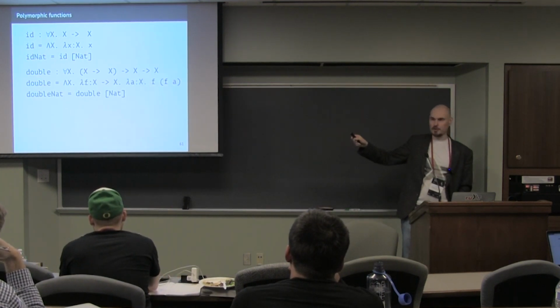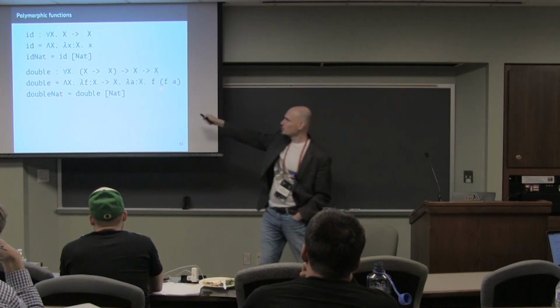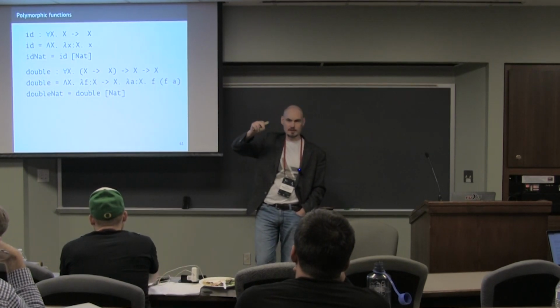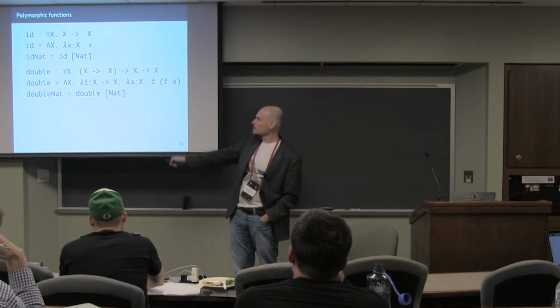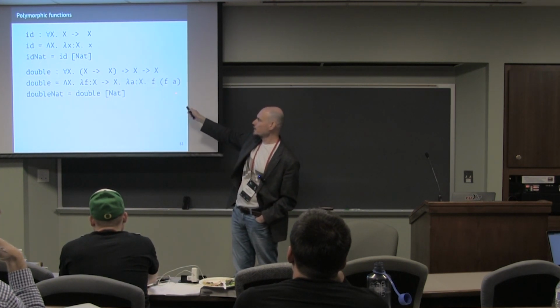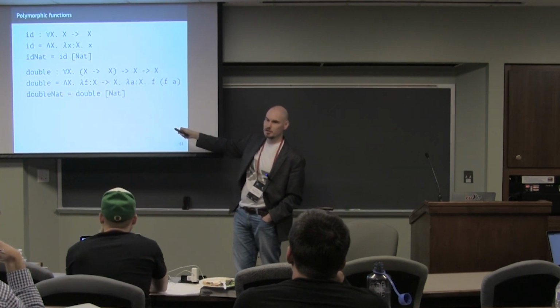This is the function double. Again, it's just one body. You have one type, which is with big lambda. It's just big lambda for binding this name x. Nothing more. You have value f, you have value a, and then this is your body. And then you can come up with an instance of this function using type application.